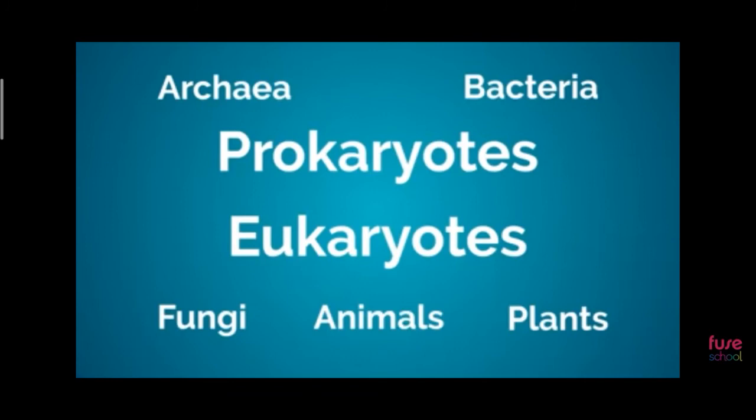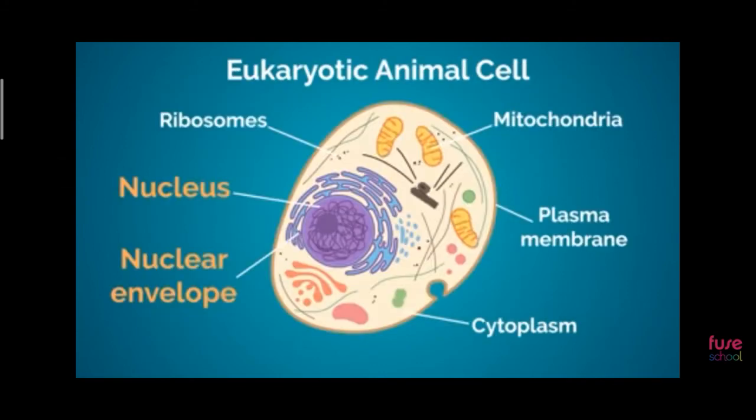Do you remember prokaryotes and eukaryotes? Archaea and bacteria are prokaryotes, whereas plants, animals, fungi, and all other organisms are eukaryotes. Look at this eukaryotic animal cell. An organism with eukaryotic cells is called a eukaryote.